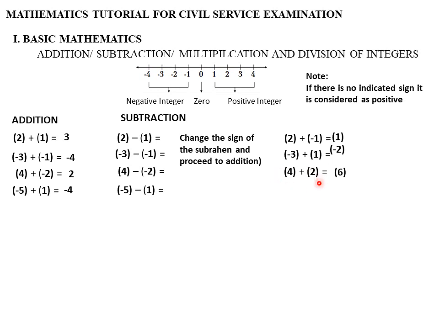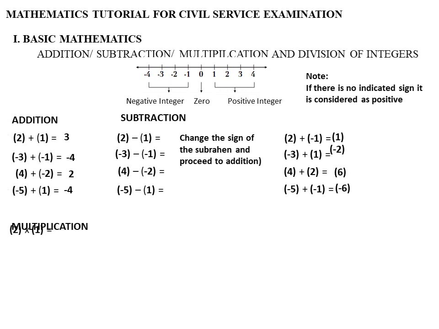They are both positive, so there's no problem, we'll just add. Negative 5 less 1: let's convert the positive 1 to negative, change the sign and proceed to addition. So negative 5 plus negative 1 is equal to negative 6.